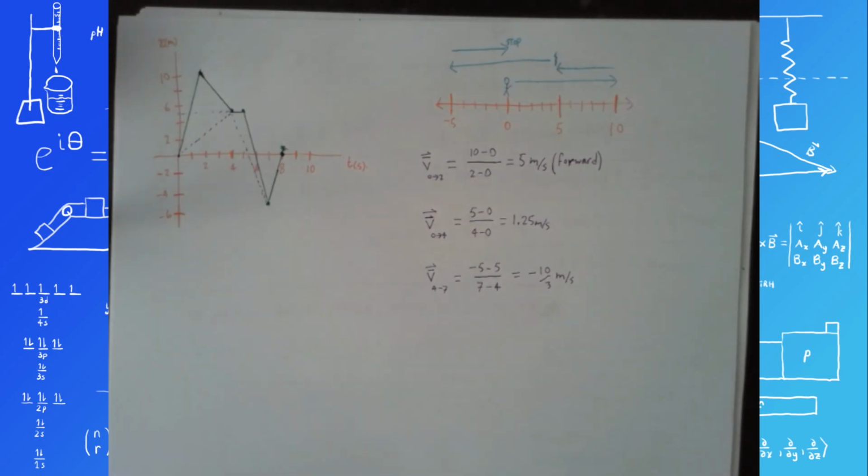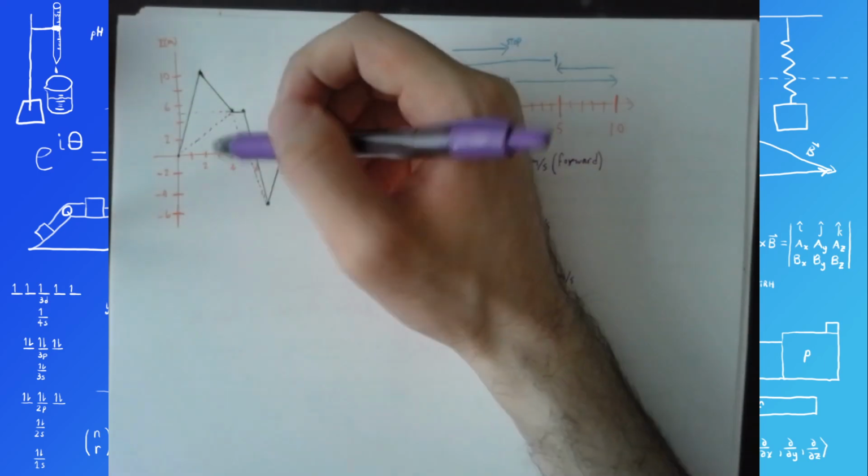But yeah, so as long as you're good at interpreting graphs in general, this shouldn't give you too much trouble. Slope on a position versus time graph, when you can actually calculate it, gives you the velocity for any point along that line.